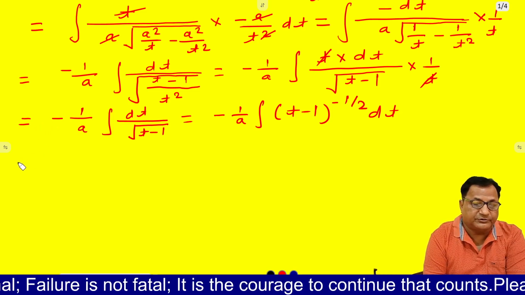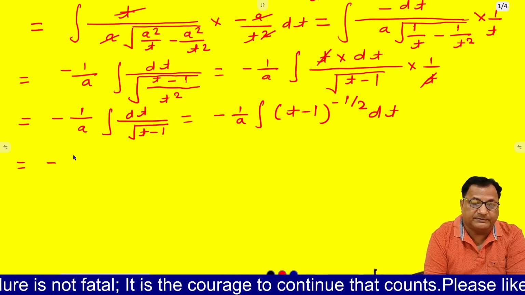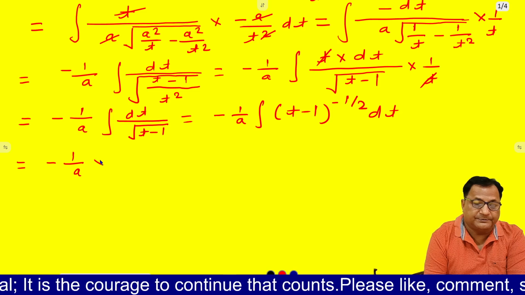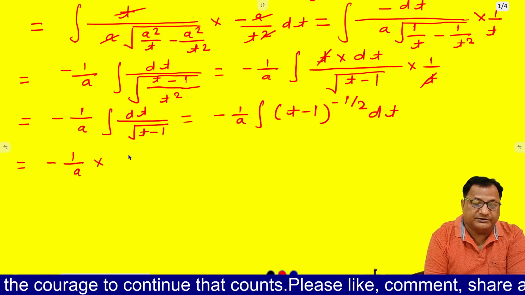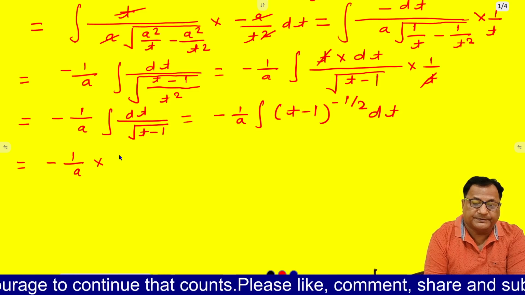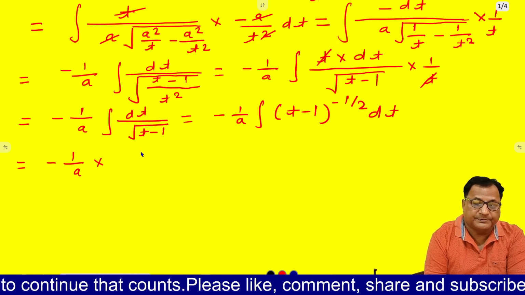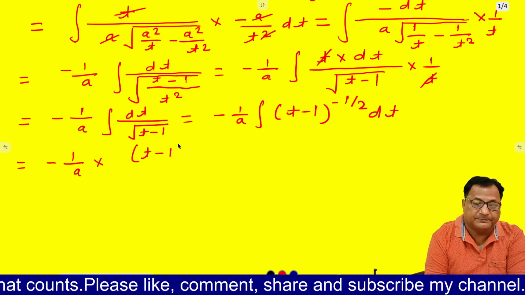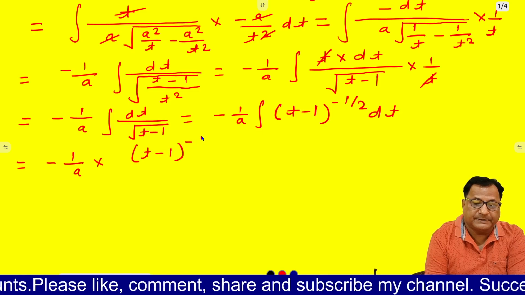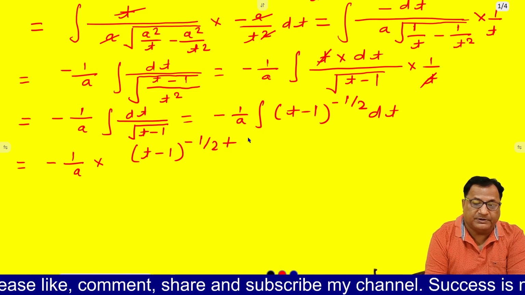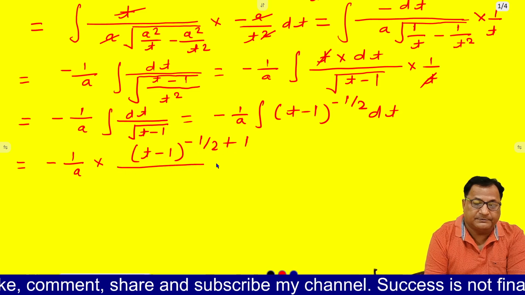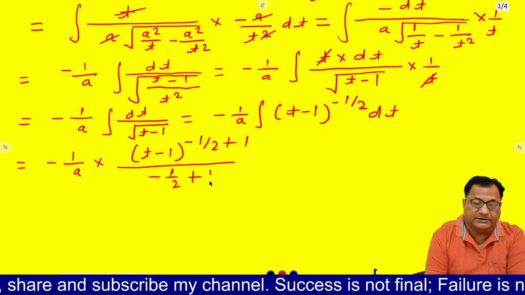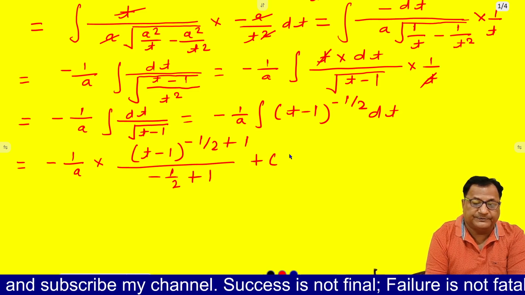The integration of this will be minus 1 by a, and the integration of t minus 1 to the power minus 1 by 2 will be t minus 1 to the power minus 1 by 2 plus 1, divided by minus 1 by 2 plus 1, plus c.